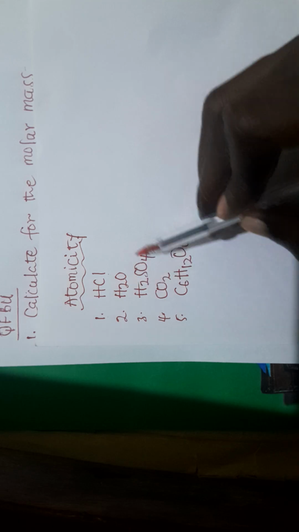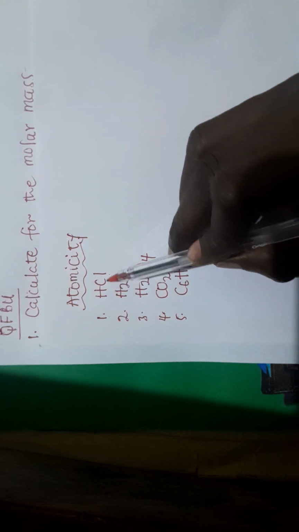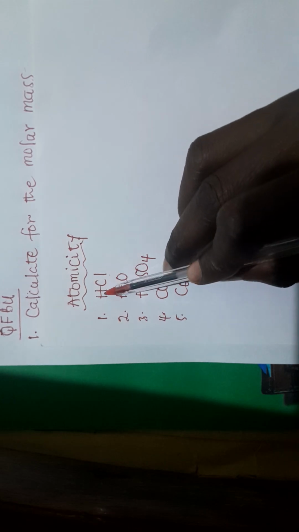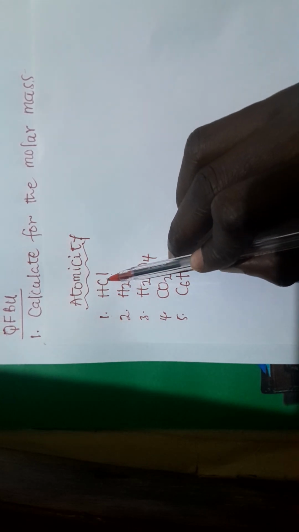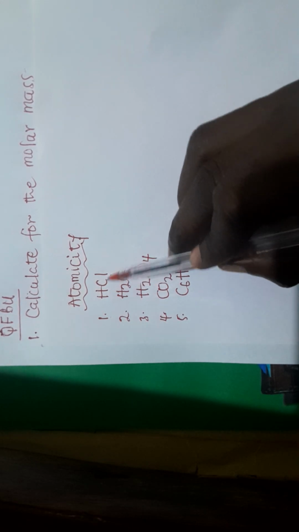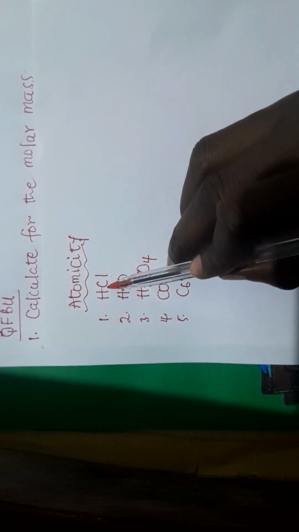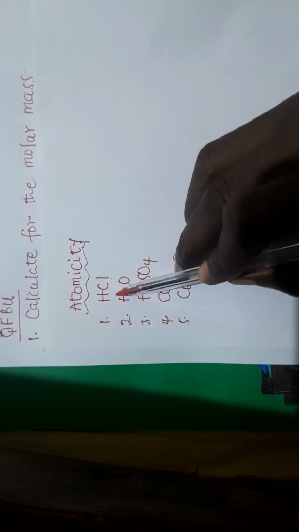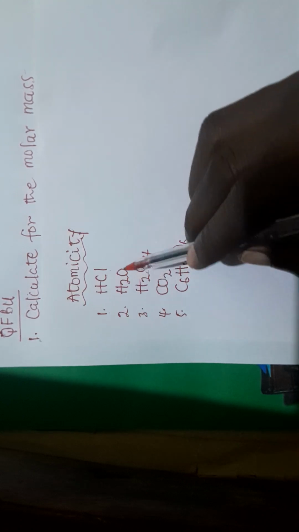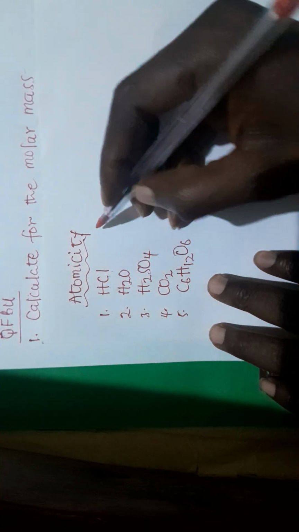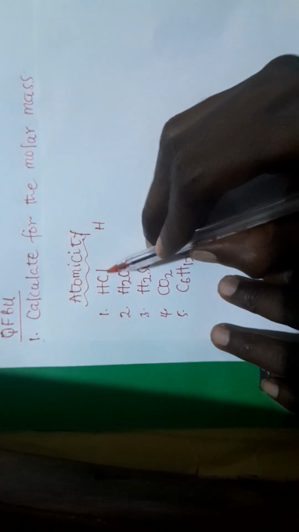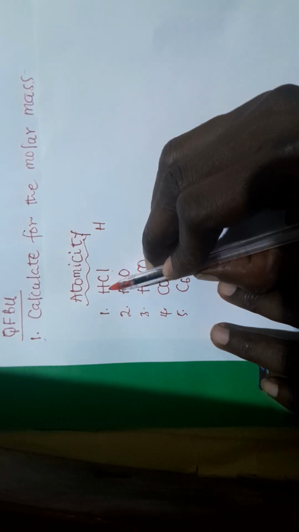Like here in this molecule or compound, you have hydrogen, you have chlorine. These are actually the elements. But when we are talking of atomicity, it is the number of atoms present in a given molecule, perhaps also present in a compound.